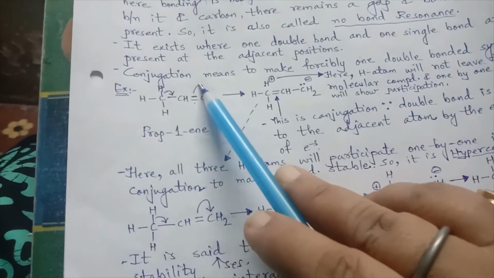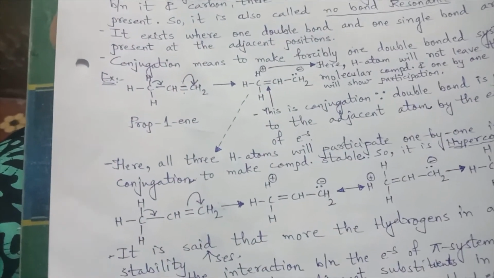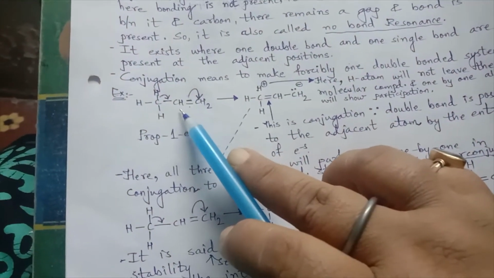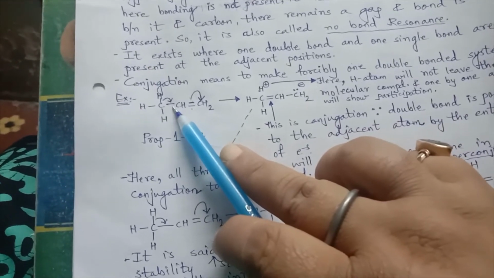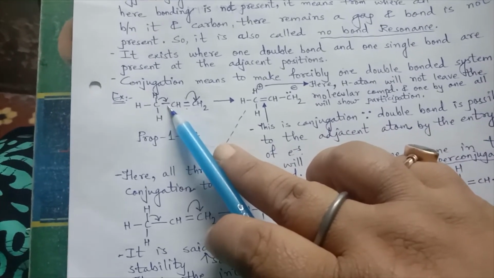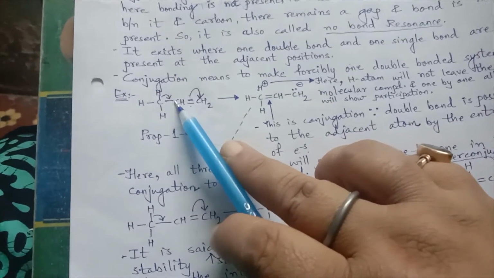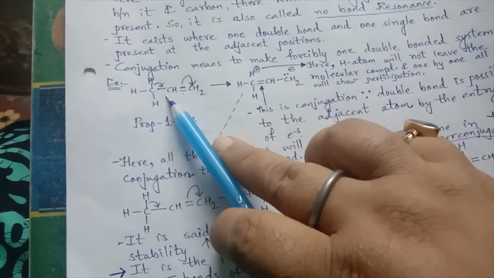That means the shifting will take place on these two. Forcibly, that means this is a single bond, so now we have to make this double. In reaction it takes place in that manner. So here on pen and paper we have to make it double, and that will be the conjugation. So what happens?